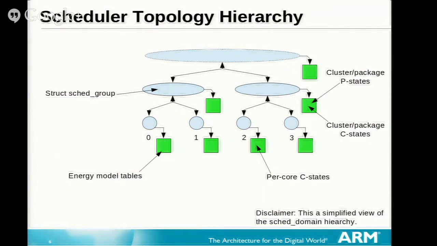So there we would put information about per CPU idle states, whereas if we have cluster level idle states, we would associate them with the cluster group. And the same goes with P states. If you have per CPU frequency scaling, you would put your P states into the table for the group just for the CPU. But if you have per cluster P states, then you would put your P state information into the cluster group.